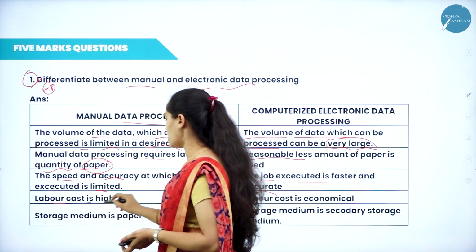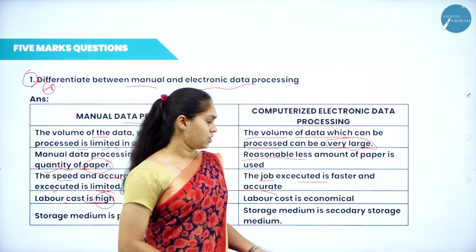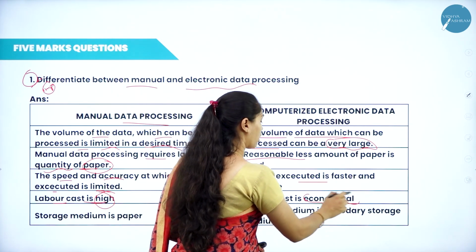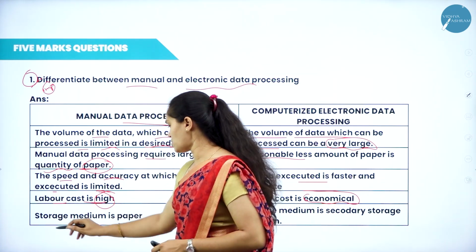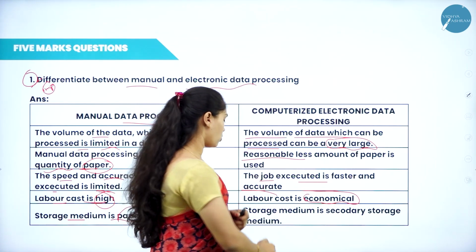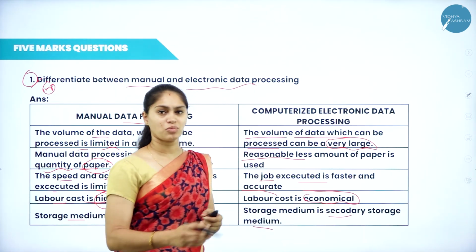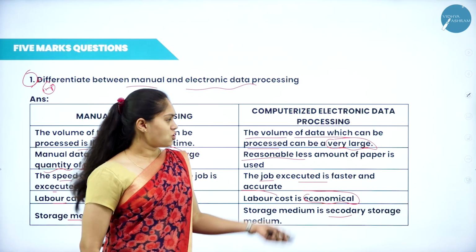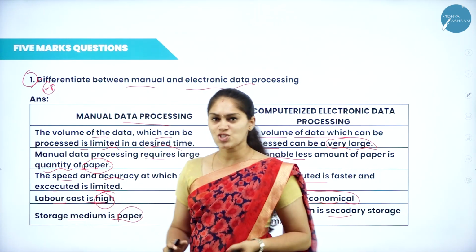Also labor cost is higher, but here it will be low or economical. Then the storage medium is paper. Here I'm going to use secondary storage devices like hard disk, pen drive, CD. Those will be my storage medium.